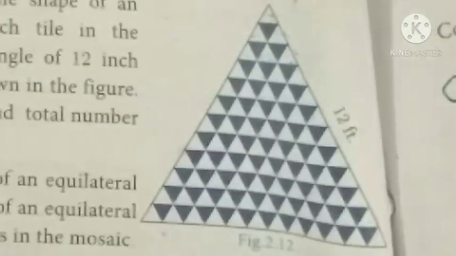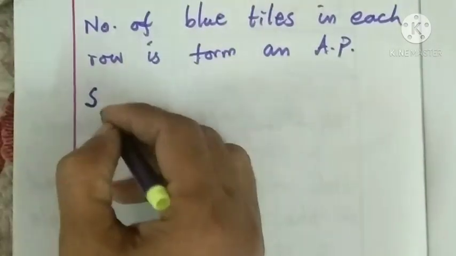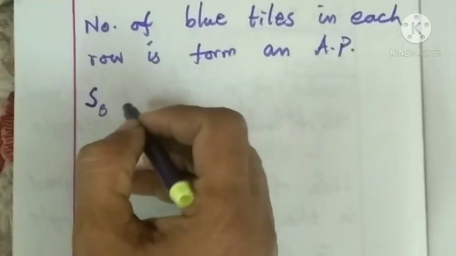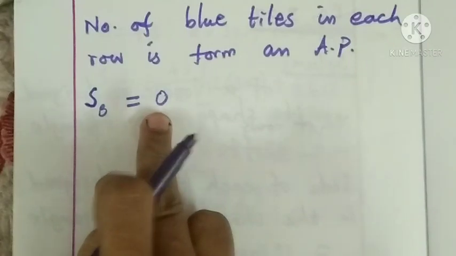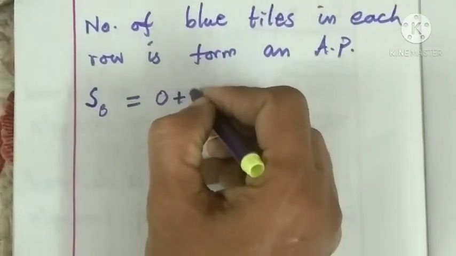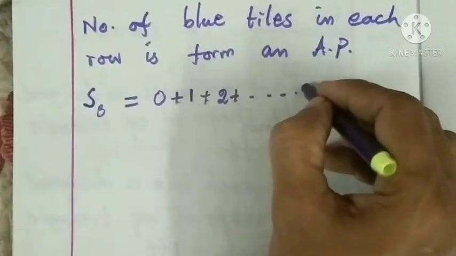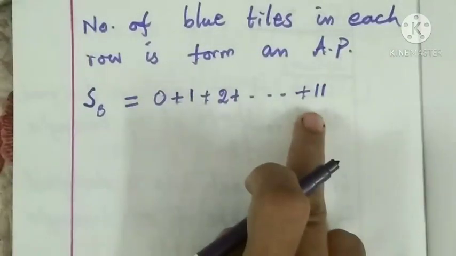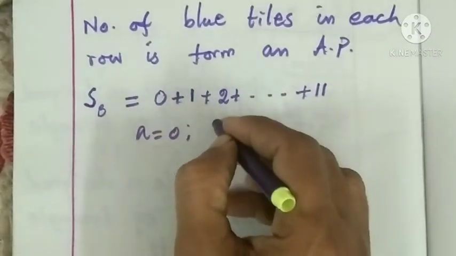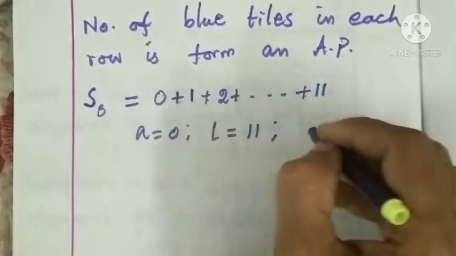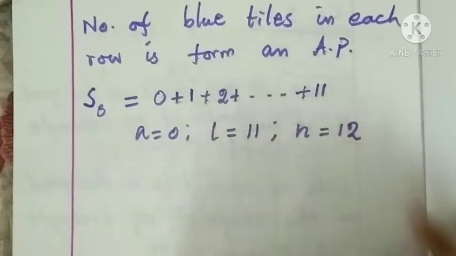So therefore you can write SB, that is number of blue tiles, is equal to 0, first row no blue tiles, so you start from 0 plus second row only one blue tile, in third row two blue tiles, up to 12th row there will be 11 blue tiles. Here A is equal to 0 and L is equal to 11 and n, there are 12 rows, therefore n is equal to 12.